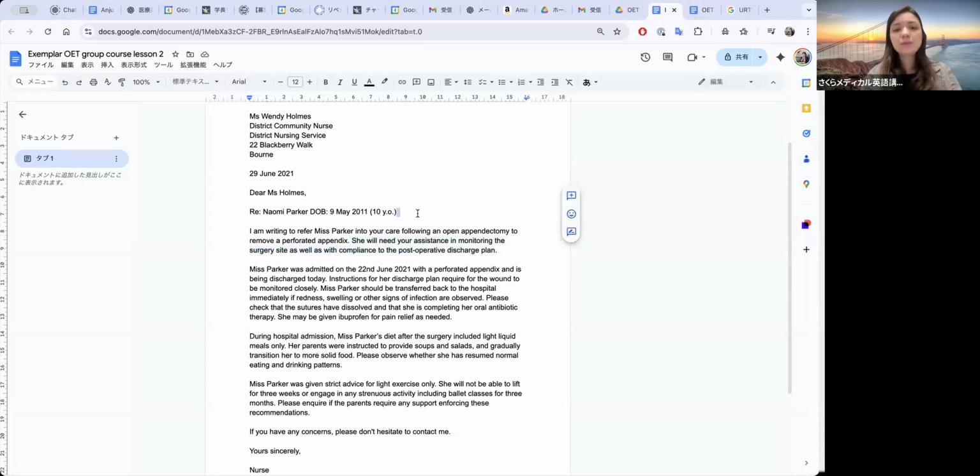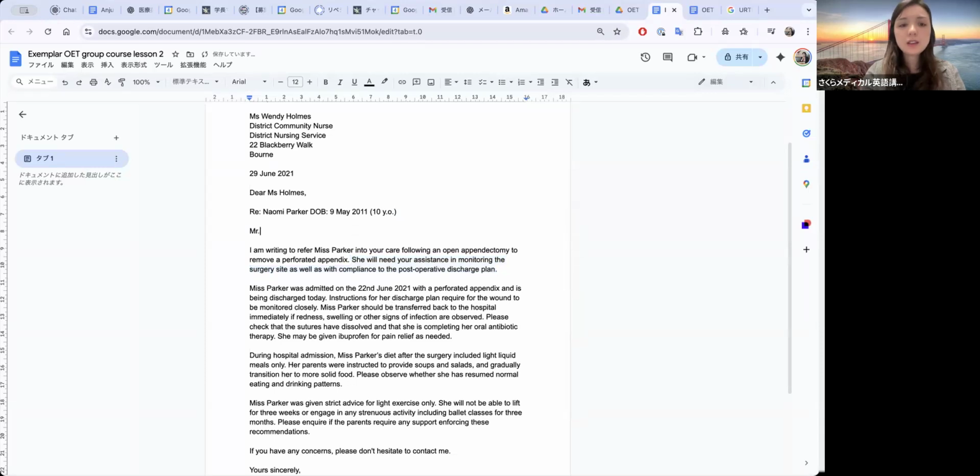For example, Mr., Mrs., that sort of thing. We don't put a dot after it when it's British English. You would always put a dot after it if it's American English. For British English, you would only put a dot after it if it's Professor. Why do you put a dot after it?